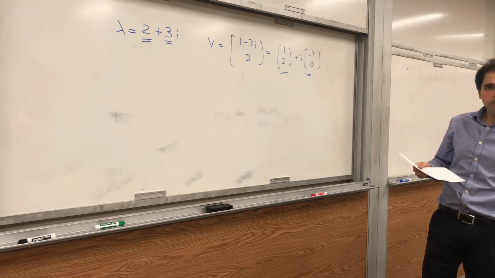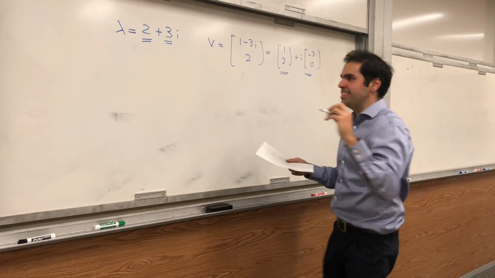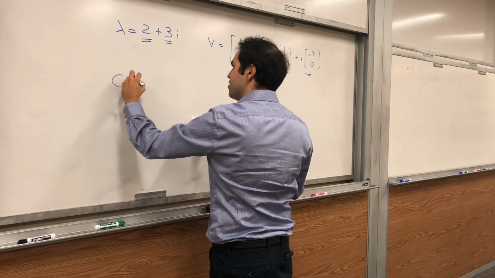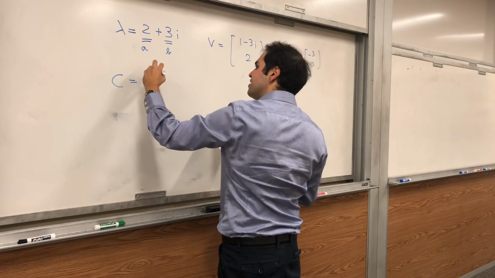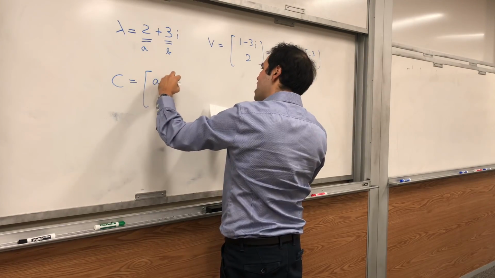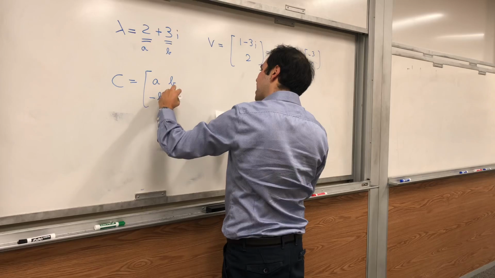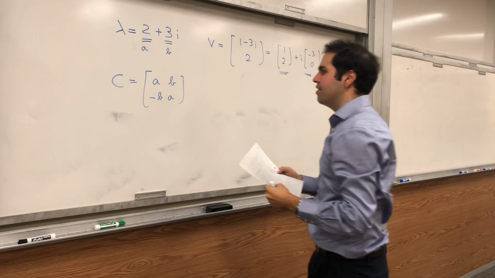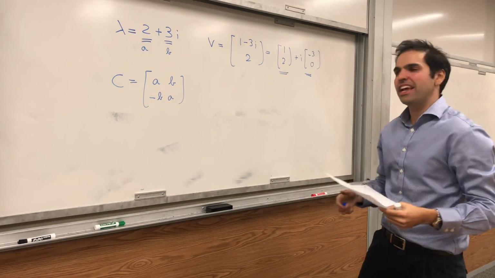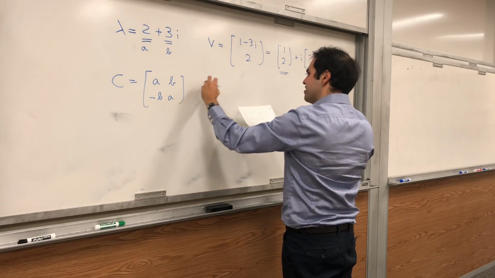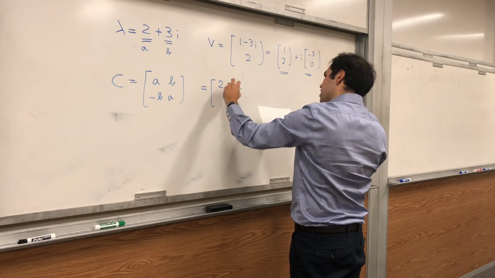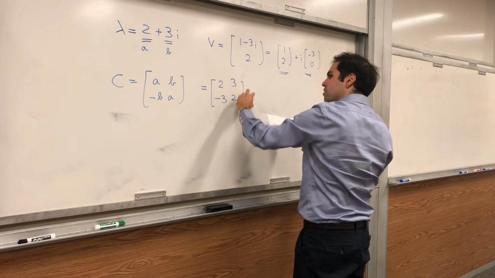And it turns out, if you let C, so if this is A and B, and C is the matrix AB minus BA, it should remind you a bit of a rotation matrix. So in this case, it's 2, 3 minus 3, 2.